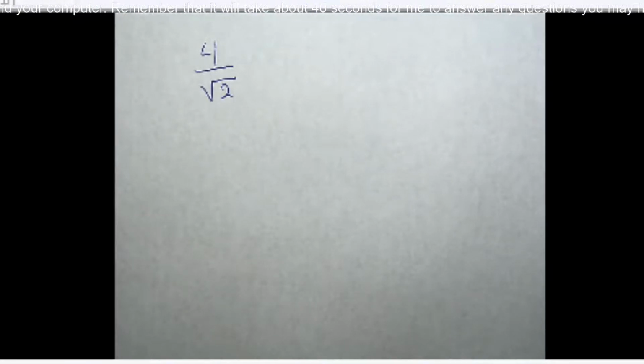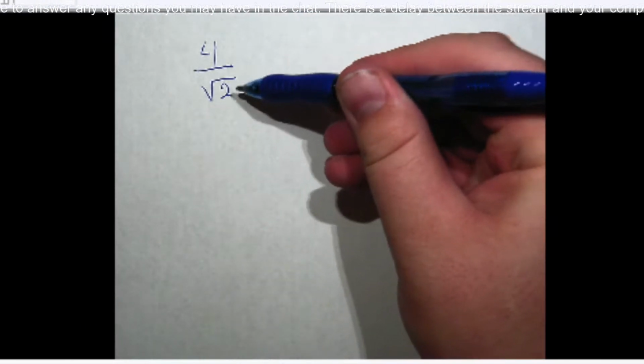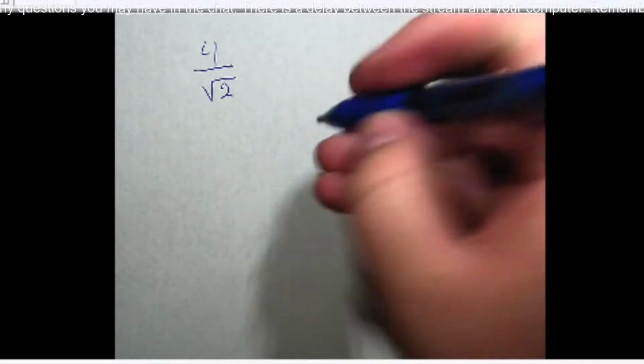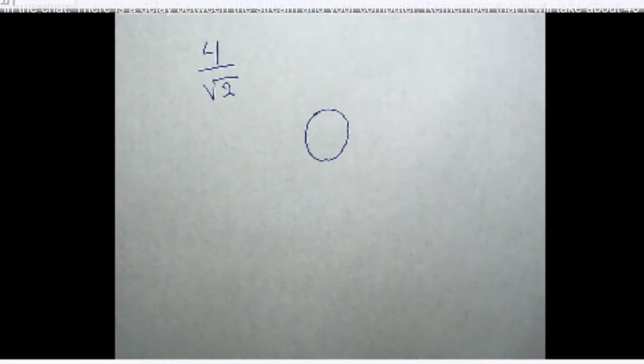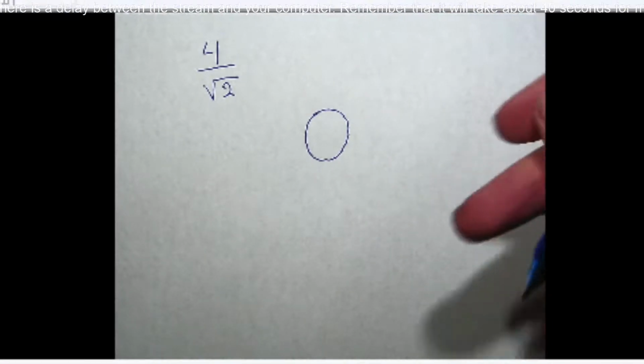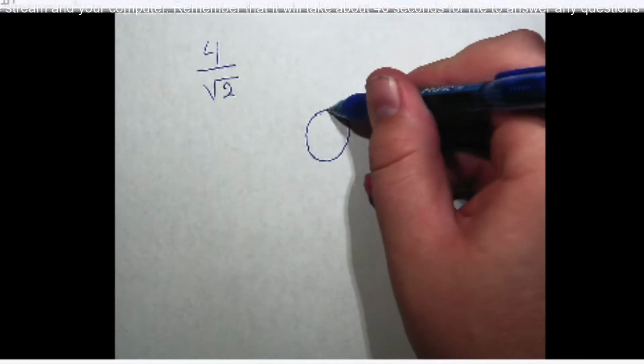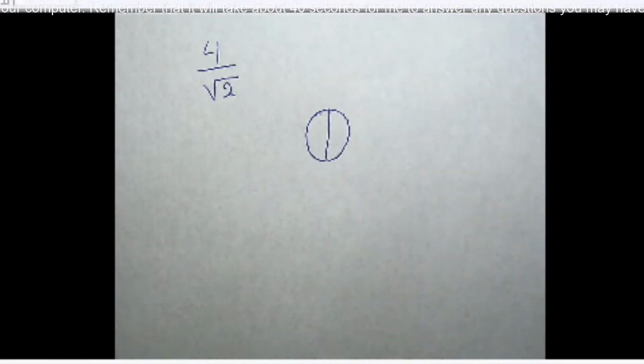So remember that fractions have 2 parts to them. They have a numerator and a denominator. The numerator is the top number. The denominator is the bottom number. And the denominator is probably more important than the numerator, honestly. The way I think about fractions is as a circle, or like a pie, and you can divide this circle into parts. So if I divide it in 2 parts, I've literally divided it by 2.